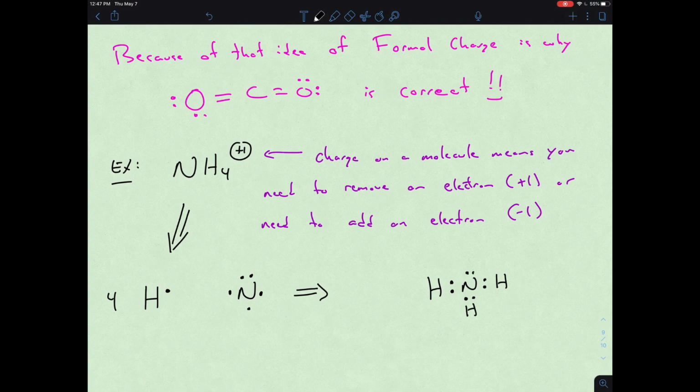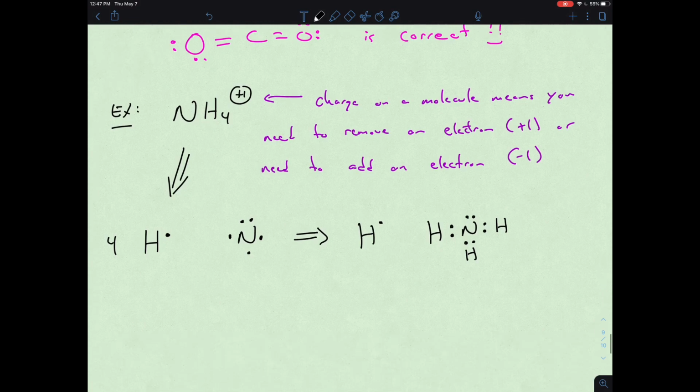We end up with something that looks like this. But we still have a hydrogen actually left over. And so how to basically incorporate that in the molecule could be a legitimate question.